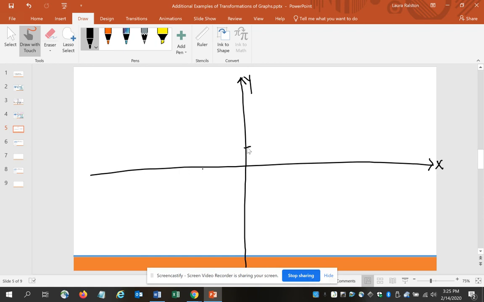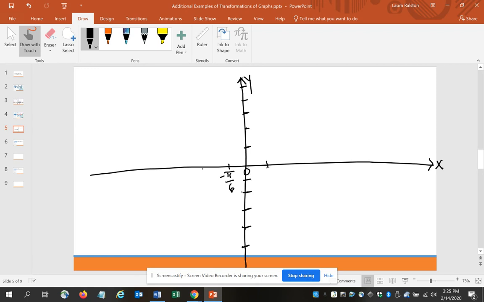Okay, on the vertical, we usually number 1, 2, 3, 4, 5.